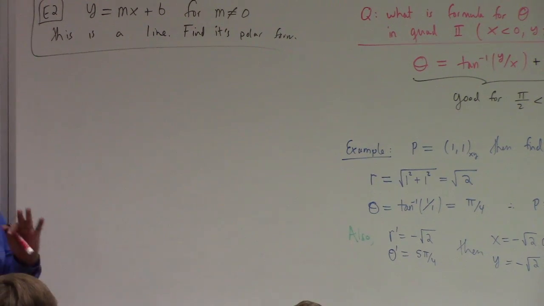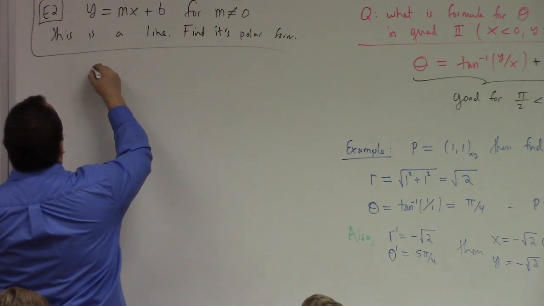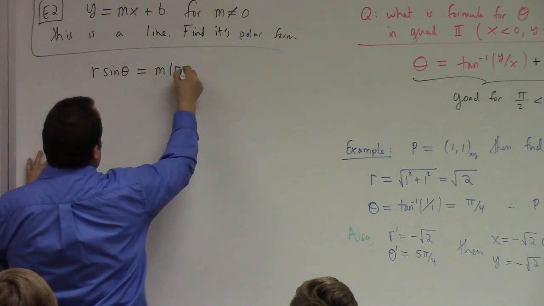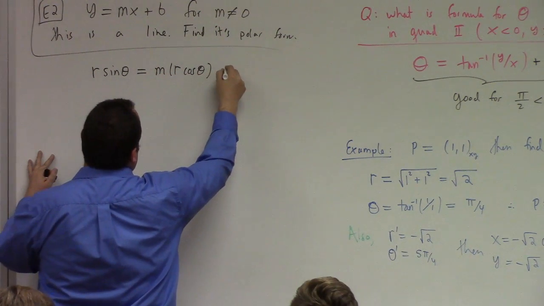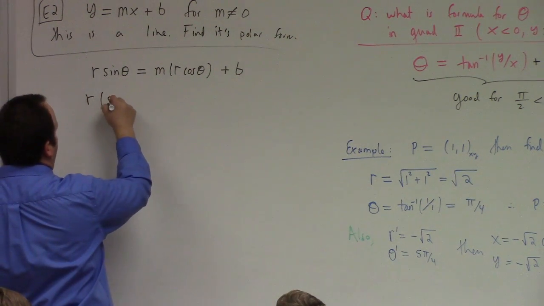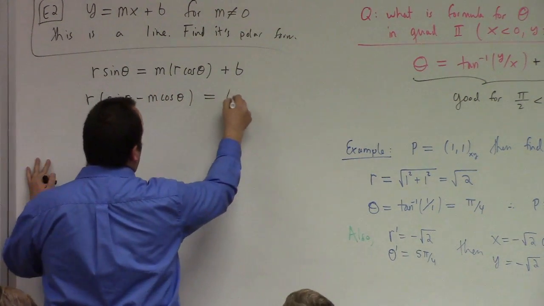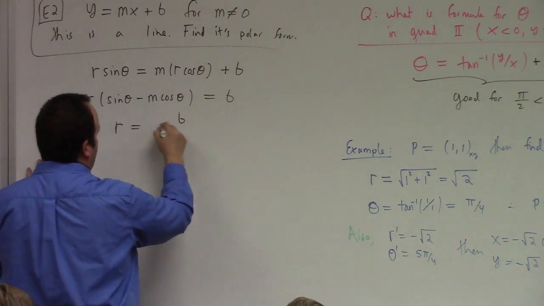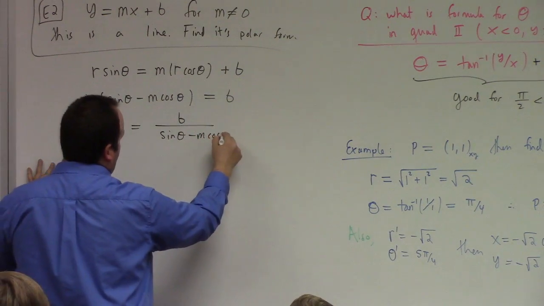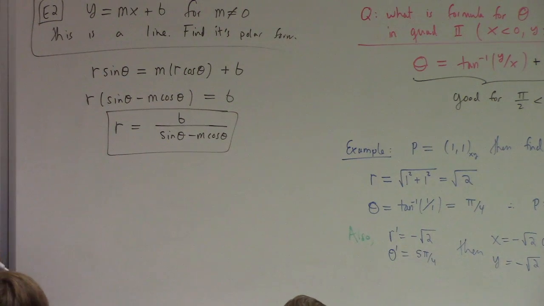All right, this is really complicated what I'm about to do, so I hope you can follow me. y is r sine theta, x is r cosine theta, and then we add b. I was being sarcastic in case you haven't figured it out. So here you go. Customarily, we solve for r, all right? And there you go. This is the polar form of the equation of a line.